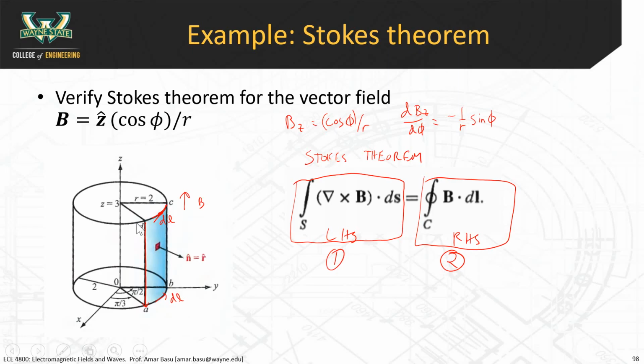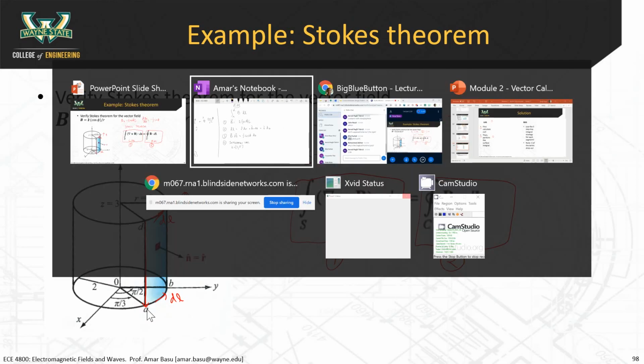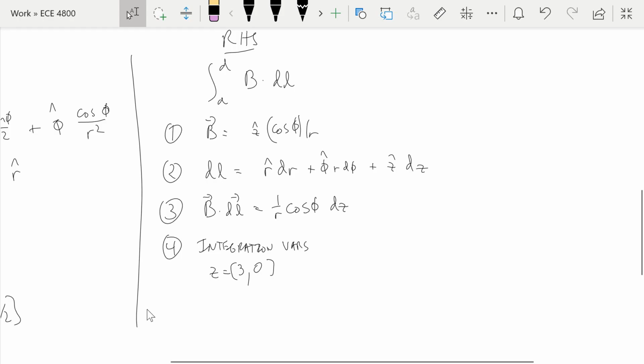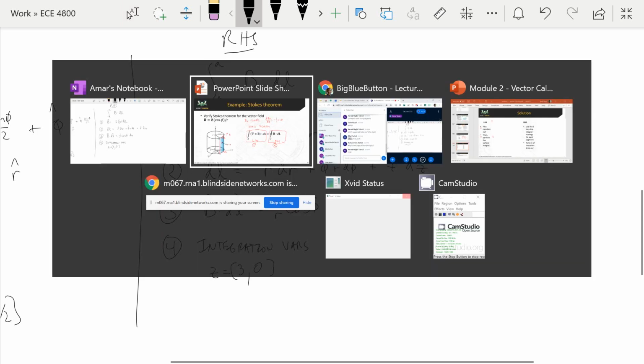We are going in the counterclockwise direction, so we actually want to be going from D to A. Our limits of integration have to go from D to A. So let me correct that here. I want to make sure that everyone gets that point.